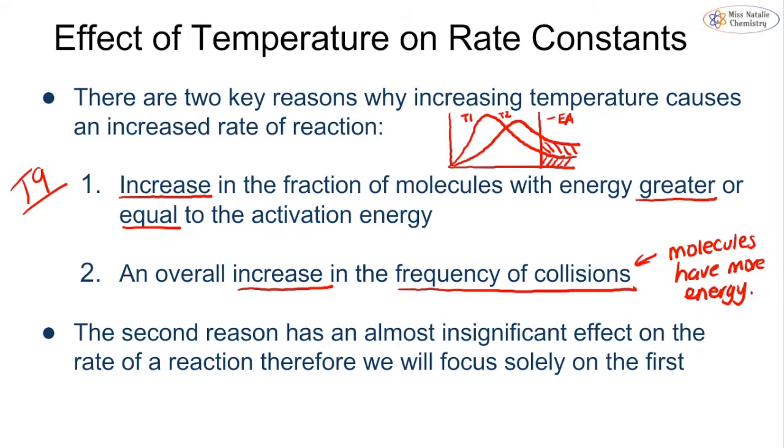But remember, to get a successful collision, the collision has to be above the activation energy and it has to be in the correct orientation. So actually the frequency of collisions has almost an insignificant effect on the rate, because you can get a large amount of collisions but not actually get any products being formed.